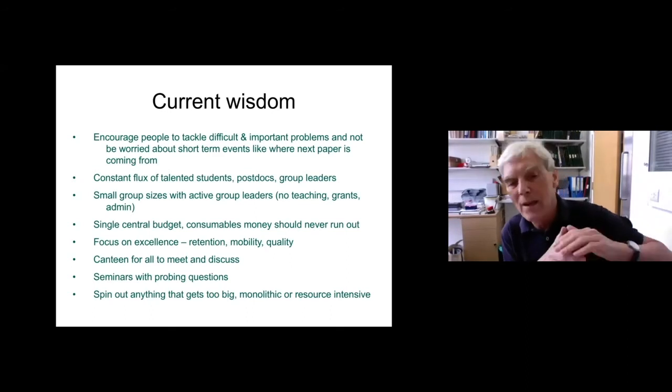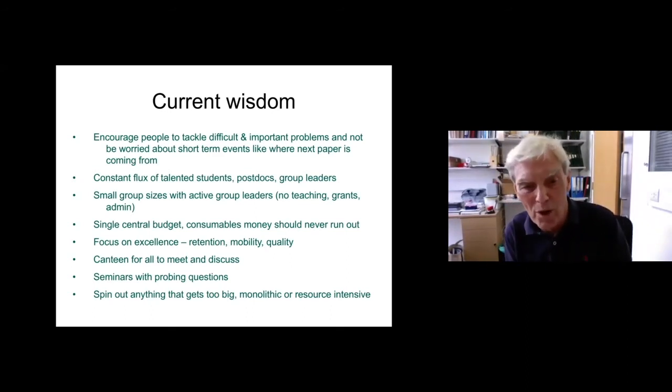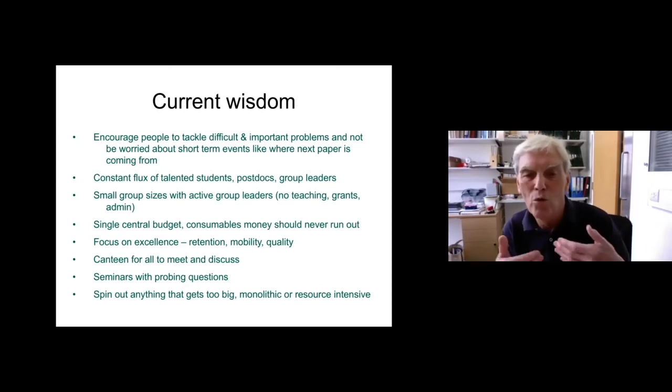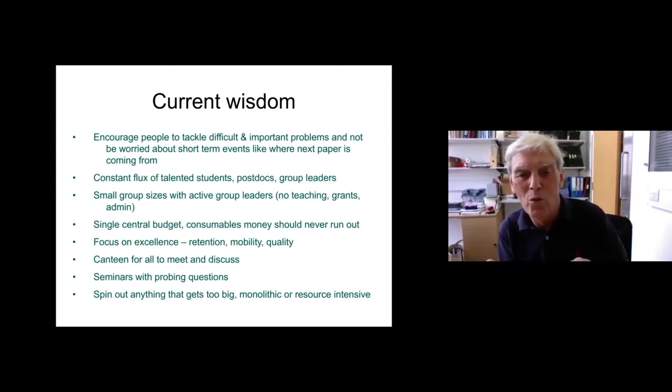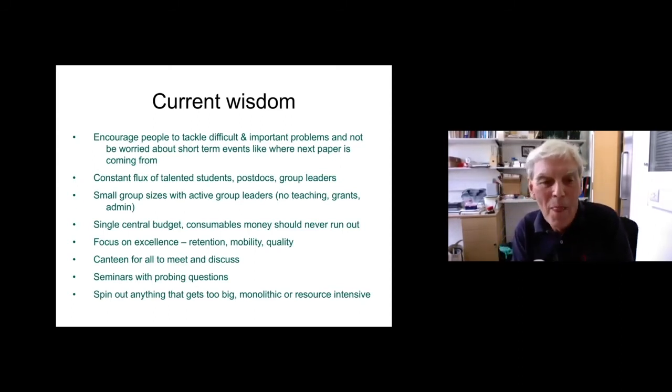We still have mainly the MRC budget as a central budget. So groups do not have individual budgets. So if 2 students, for example, have a bright idea and want to do a new experiment, they don't need to worry whose grant it is coming out of. They can just do it. And still there's a focus, of course, on retaining good people, on mobility.